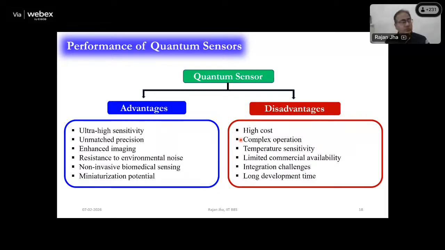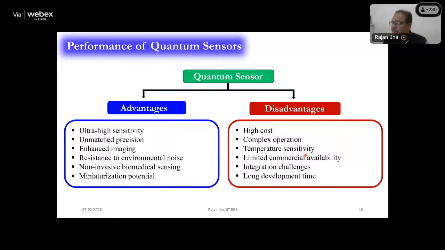The operations are, as I told you, that you don't have a zero, and you have some superposition of zero and one. So their working is not that easy. It's complex. They can be temperature sensitive depending upon which device you are talking about. Not all systems will be temperature sensitive, but some systems will be. There is already a race to develop systems, but whether they will be commercially available in future, and how long it will take, currently they are not that much available.